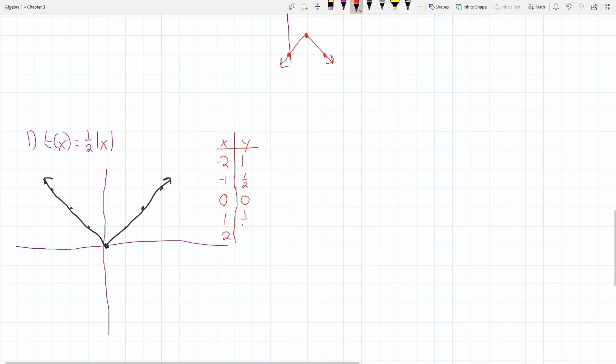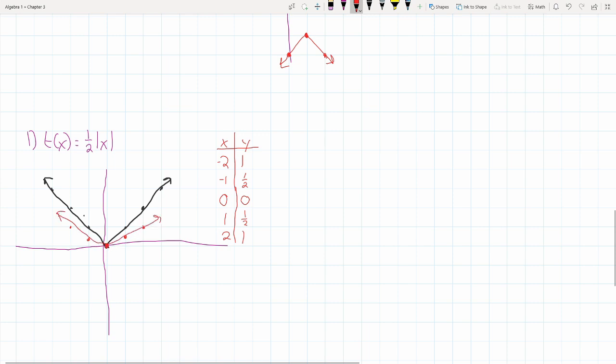And I'm going to get the same things on the other side. So if I graph this, I'm at 0, 0. I'm at 1 and then 1/2. At 2, I'm at 1. And you can kind of see it's come down a little bit.